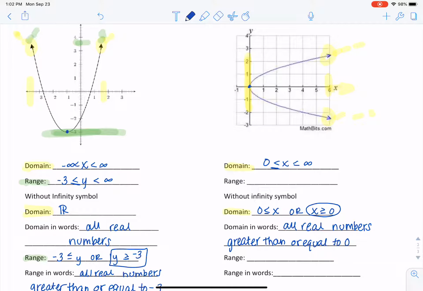My range, if I take the Y-colored highlighter and talk about the range, my graph looks like this is the lowest that it goes, but this arrow is going to keep going out and down. And it looks like this is the highest that it goes, but this arrow is going to keep going out and up. So my range on this one goes from negative infinity to positive infinity.